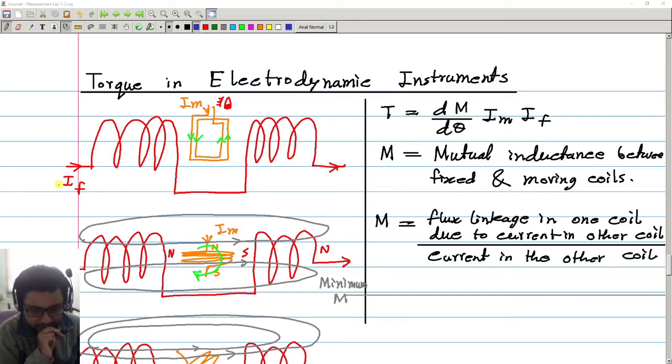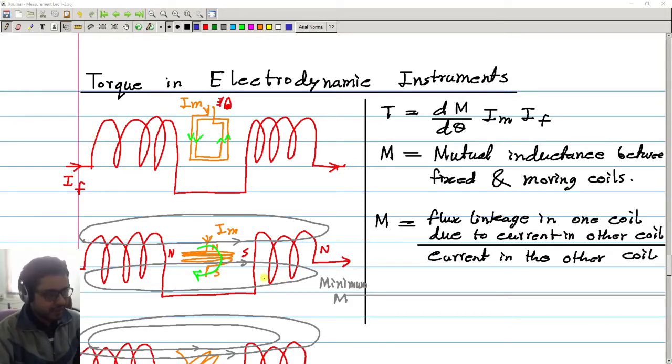Next problem is that it's like a short circuit situation, where the induced voltage is not equal to the applied voltage. So I have to think in more detail. I request you also to think in more detail.